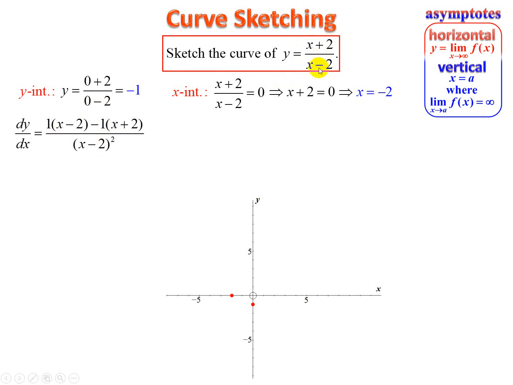So derivative times that minus derivative times that all over that squared. That's our quotient rule. And it simplifies to that, and that can't be 0. If you have a look, this can't be 0, the whole thing, because we don't have an x on the top. If you don't have an x in the numerator, you cannot get a 0 out of the fraction. So therefore no stationary points.